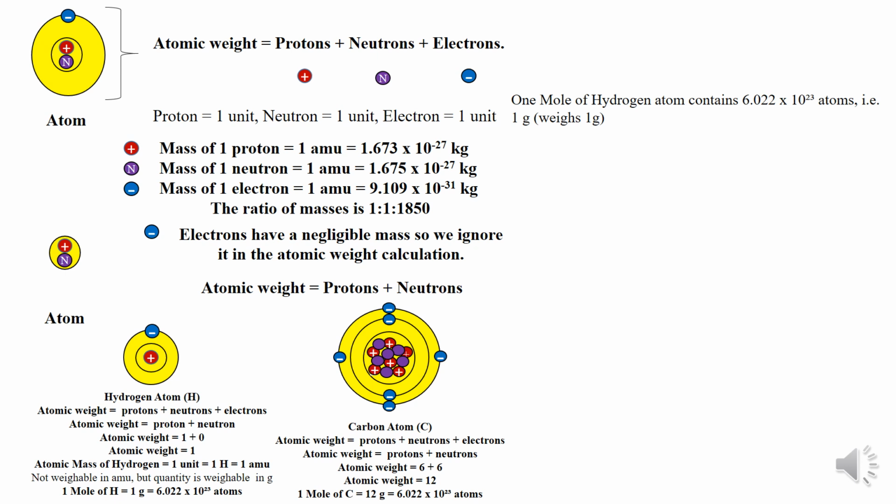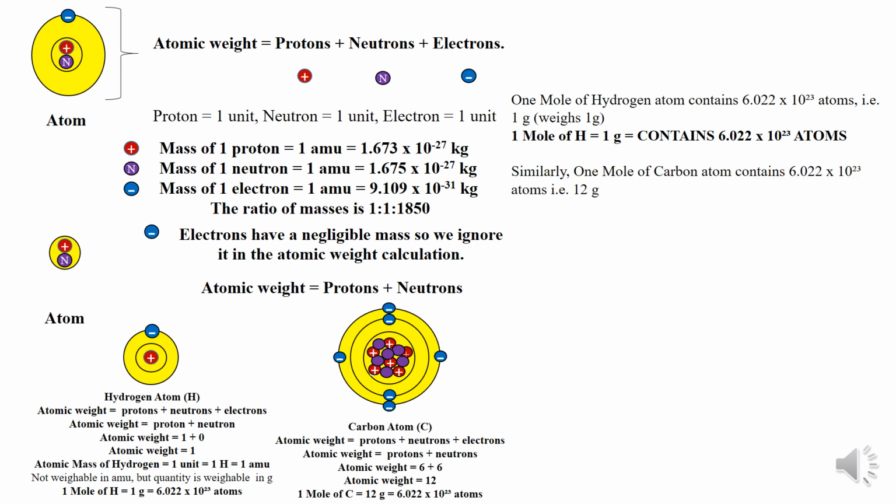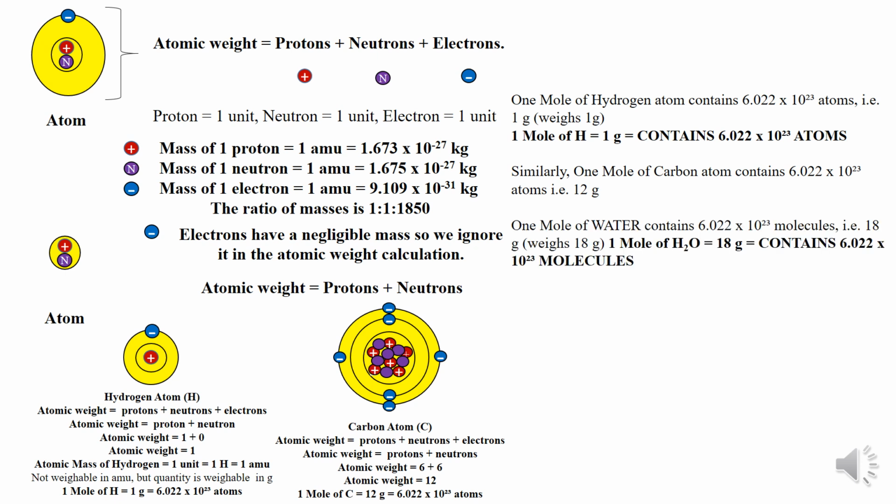So 1 mole of hydrogen atom contains Avogadro number of atoms, weighing 1 gram. So 1 mole of hydrogen is equal to 1 gram, containing Avogadro number of atoms. Similarly, 1 mole of carbon atom contains Avogadro number of atoms, and it weighs 12 grams.